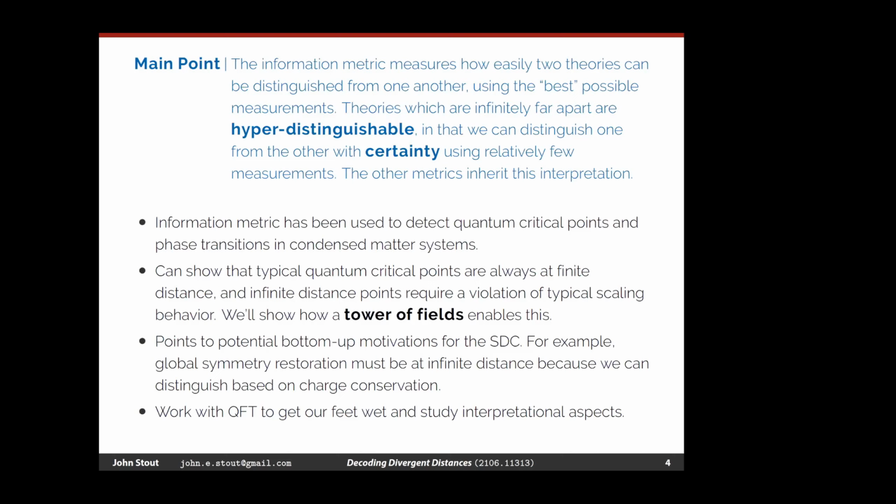And that's something that does not need any reference to a microscopic description of states becoming light or fields becoming light. So in this talk, I'll only work in simple quantum field theory, and just try to get our feet wet to understand interpretational aspects, as a way of eventually, hopefully, reaching a more refined understanding.